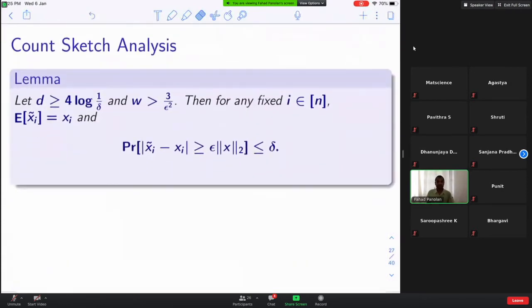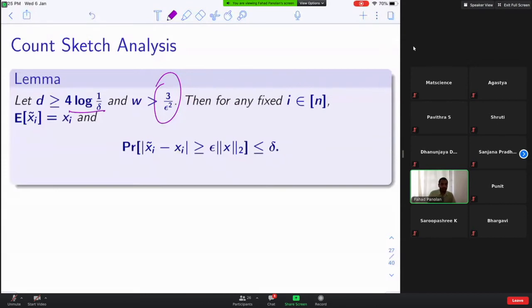Now here is the first thing we prove. The notable difference here is how the value depends on epsilon. In the previous case it was 2 by epsilon, but here it is 2 by epsilon square. And this quantity was the same, right?